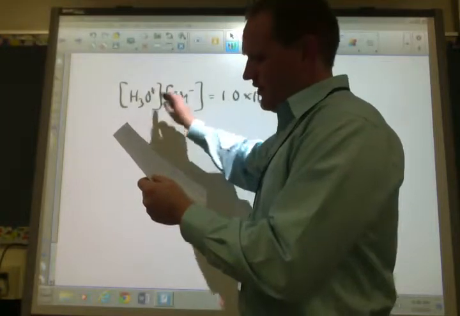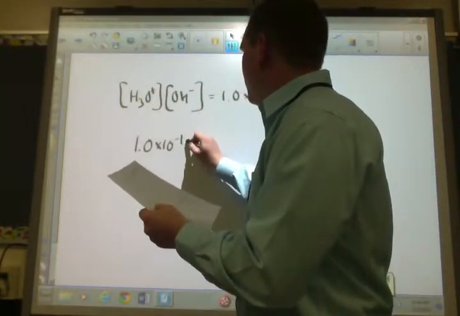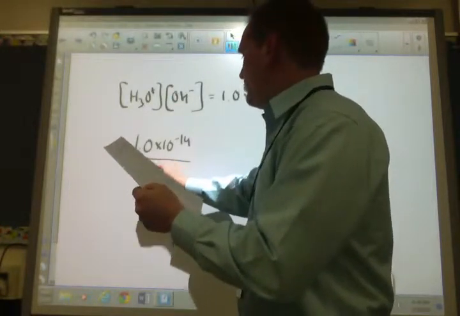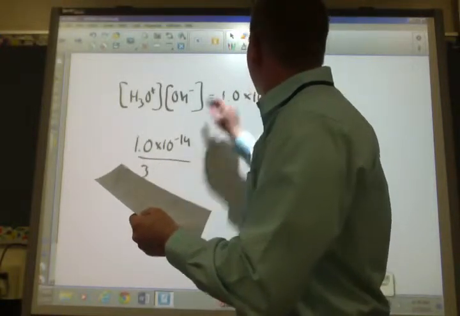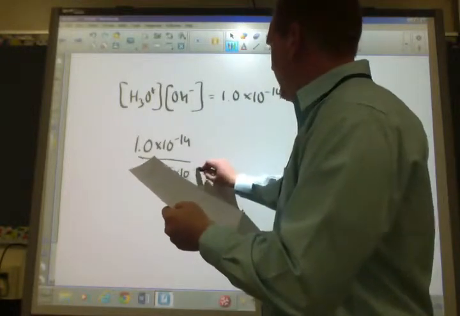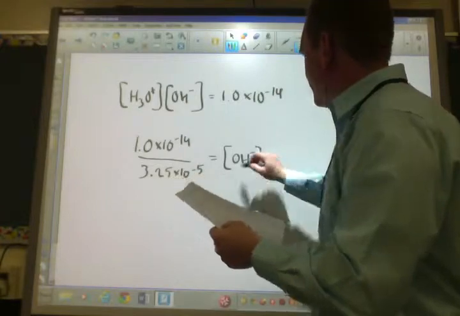So if I know this and I'm looking for this, we're going to say 1.0 times 10 to the negative 14th divided by the hydronium concentration, which in this case is 3.25 times 10 to the negative 5th. That equals my OH minus concentration.